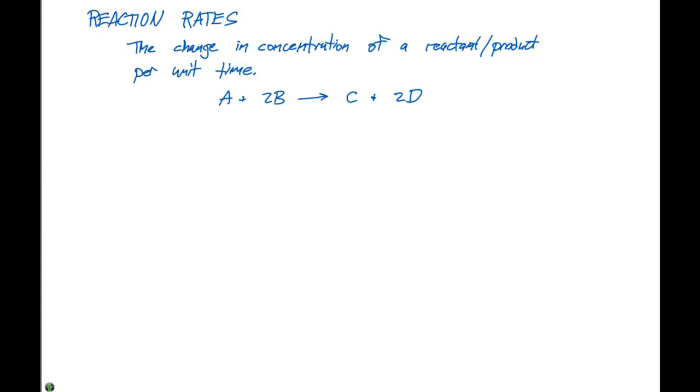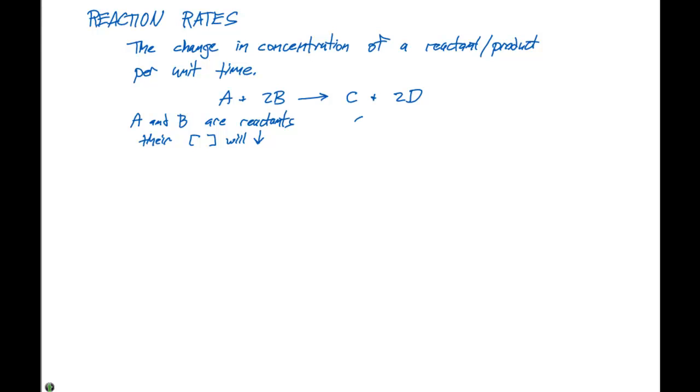As A and B combine to form products C and D, the concentrations of what's over here on the left, or the reactants, are going to decrease. So A and B are reactants, so their concentration will decrease.